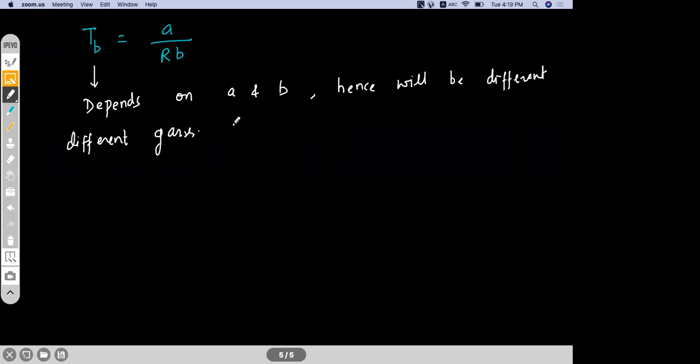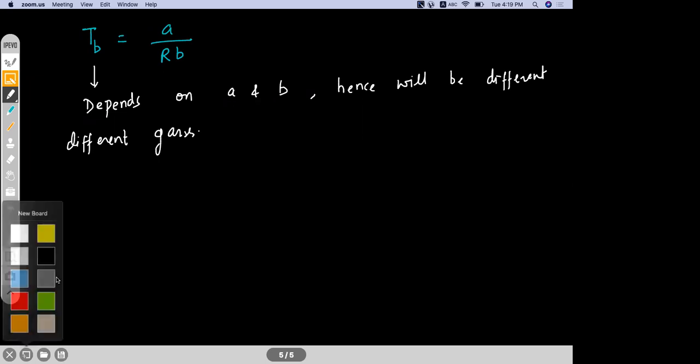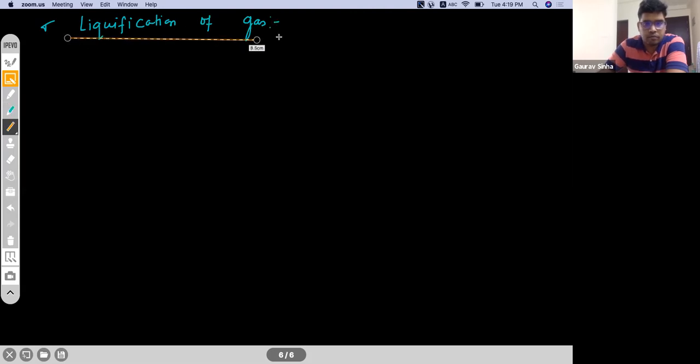Now the next thing we need to understand here is the liquefaction of gas. What do you understand by liquefaction?